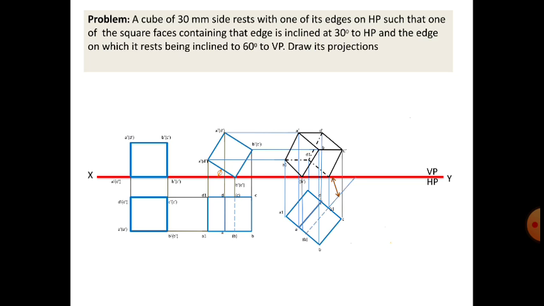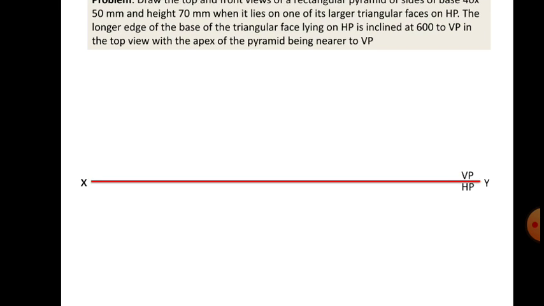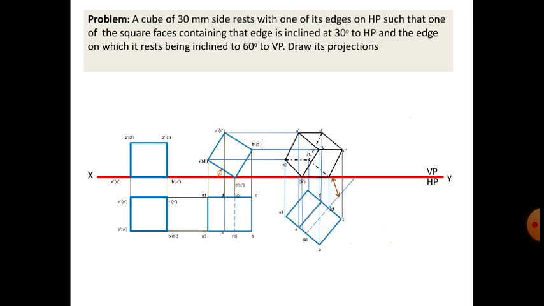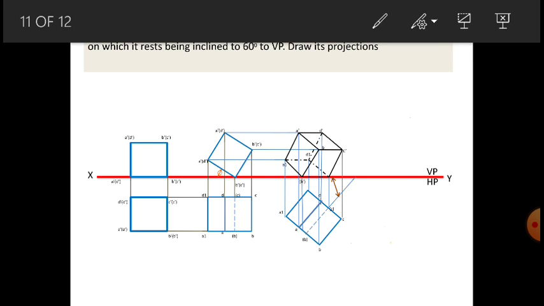Same top view you are going to tilt, because in the second part of the question they have said that one of its edges, or if they would say one of its corners, is resting, then your square would be in this form, like a rhombus shape, and this would make an angle like this. This would be the positioning of the square. It has said edge, so your edge is on the right hand side of your object.